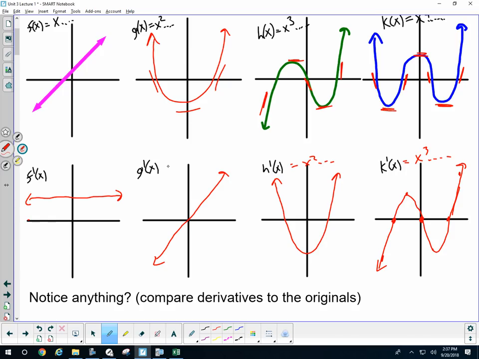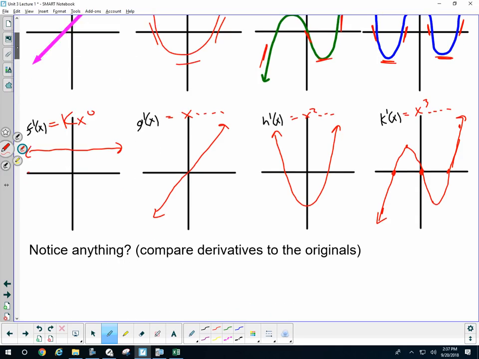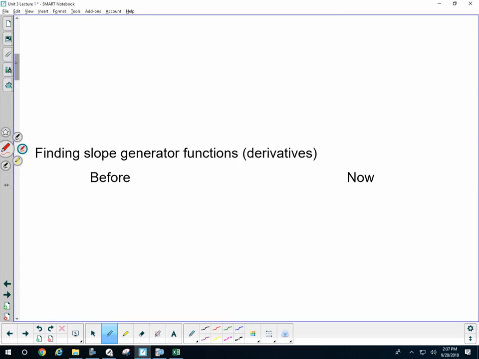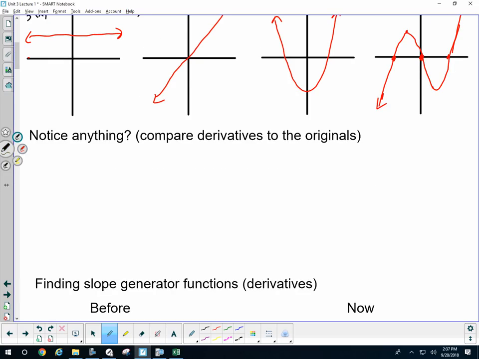If I start out with some x squared, I end up with some mx plus b. If I have some mx plus b, what do I have? An x to the 0, which is just like a number, a constant, k. But you're right. The tangent slope graphs of polynomials are 1 degree less.